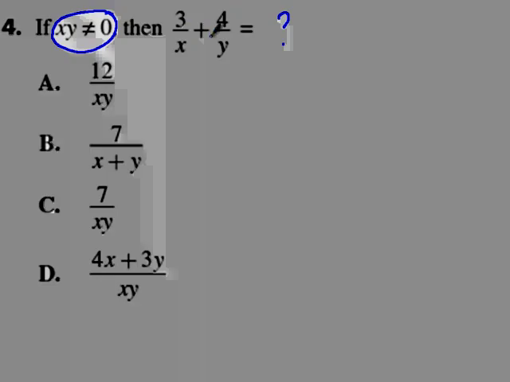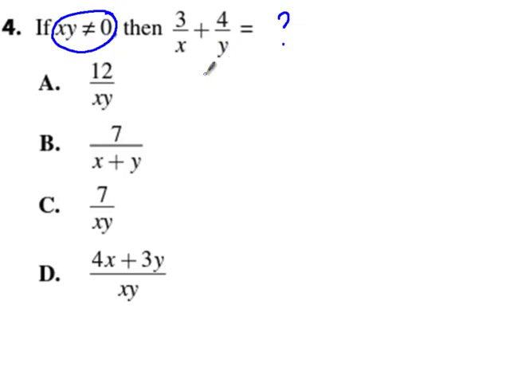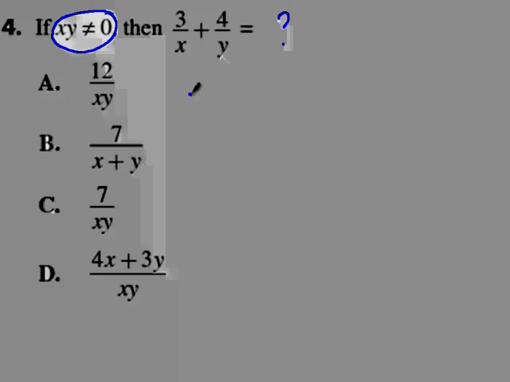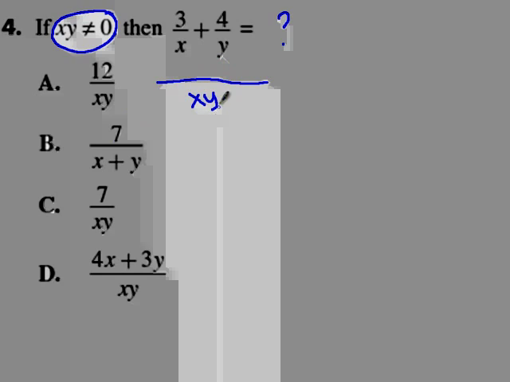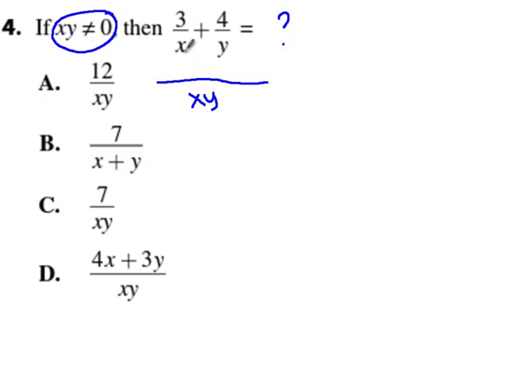This is just a matter of adding fractions. Our LCD is XY. Then XY divided by X is Y, times 3 is 3Y.